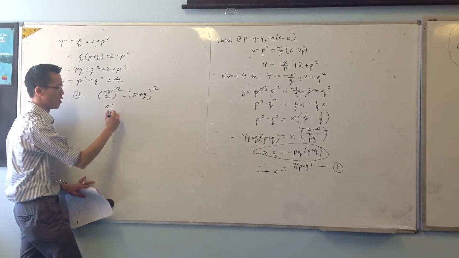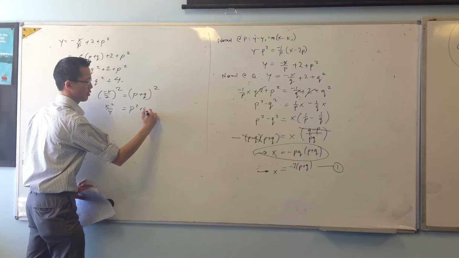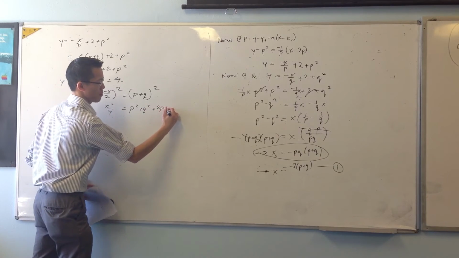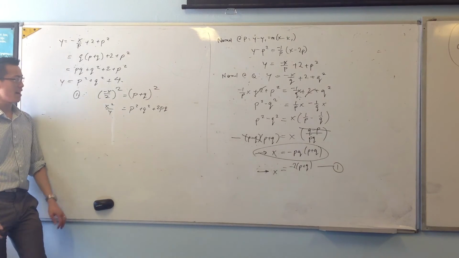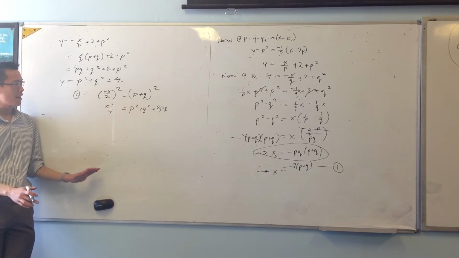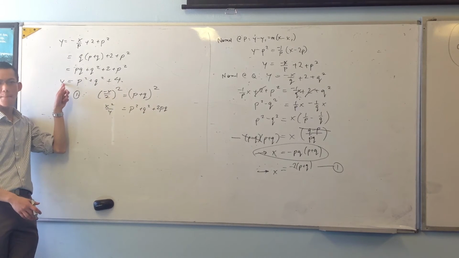So x squared on 4, right? P squared plus q squared plus 2pq. Alright, now, hold on a second. I know what all these pieces are, right? P squared plus q squared, look back a couple of lines, that's y minus 4, isn't it? Y minus 4.